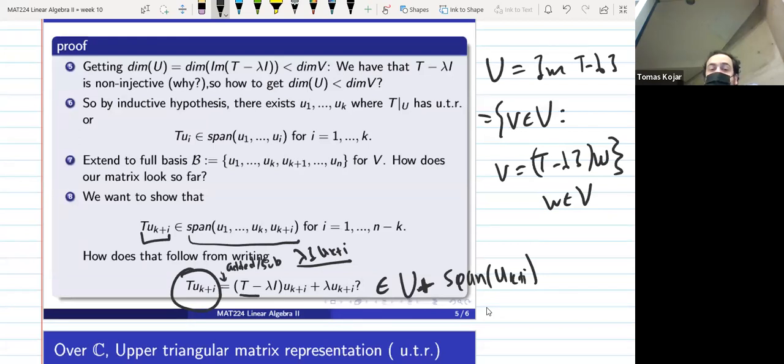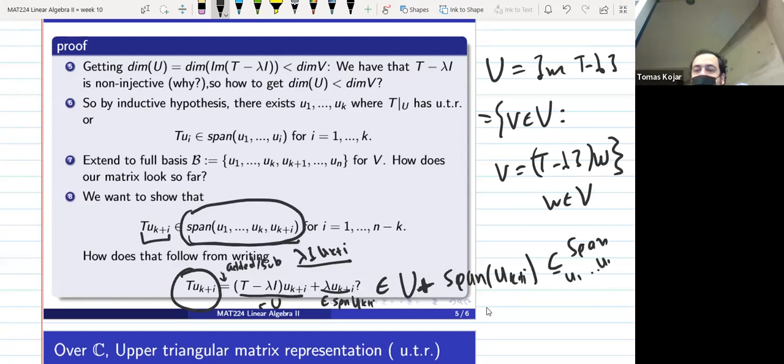Because this guy is in U, and this guy is in the span of UK plus I. So this is a subset of the span of U1 to UK, and then UK plus I. So that's it. This is called upper triangular.